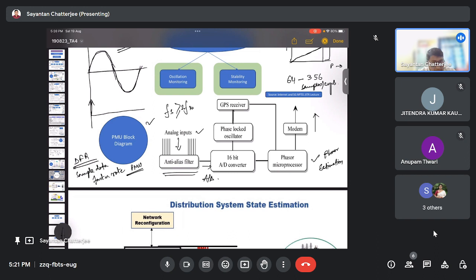So these DFRs aid in fault analysis. During faults they can capture the fault transients in a better fashion than the PMUs. Okay, so mainly it is performed for the pre and post fault analysis.